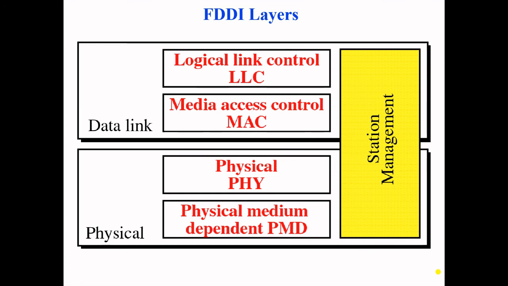Thus, it was a relatively high speed choice of that era. But by 1994, vendors including Cisco Systems, National Semiconductor, Network Peripherals, and SysConnect used FDDI.